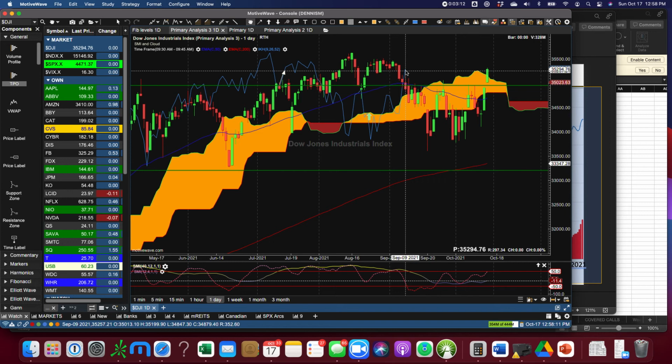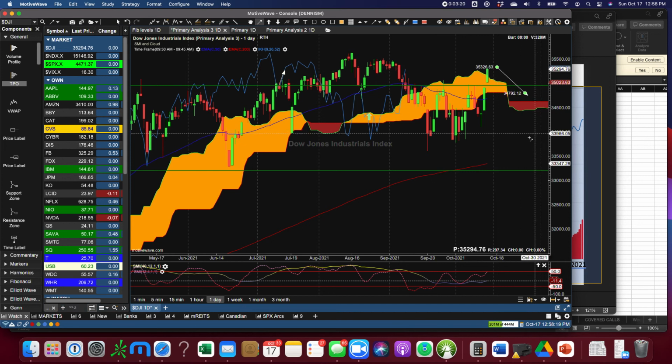So the Dow looks like it's headed for some positive movement, but we've always been saying that flat clouds tend to attract candles, so I'm going to say that there will be this pullback where the Chiku span will come back and possibly pull back to this point right here where the 50 and the cloud intersect. That would coincide with a pullback to this flat cloud.